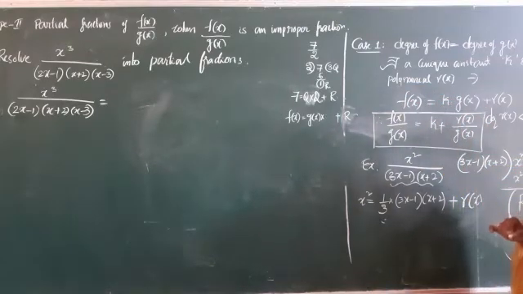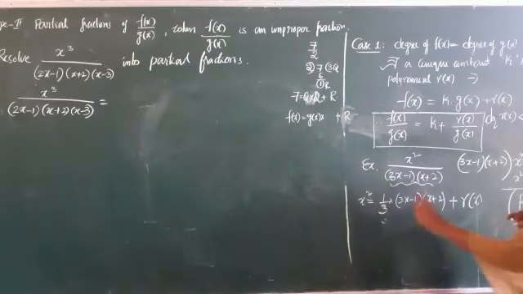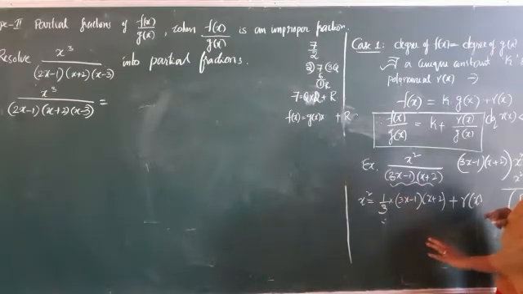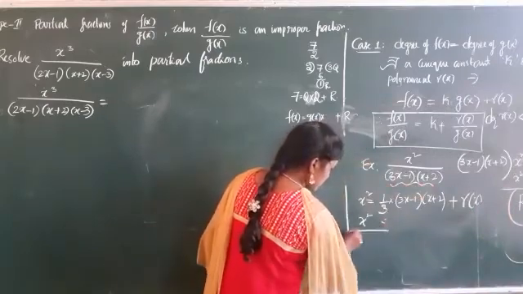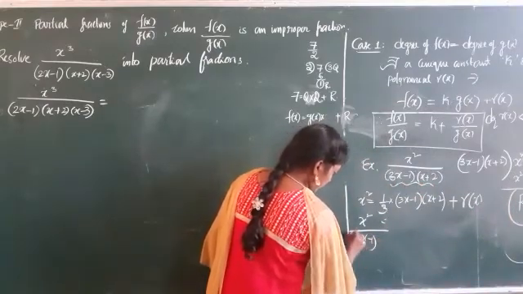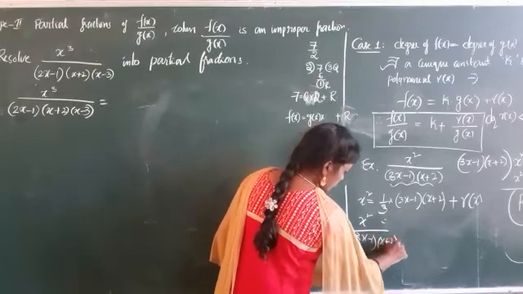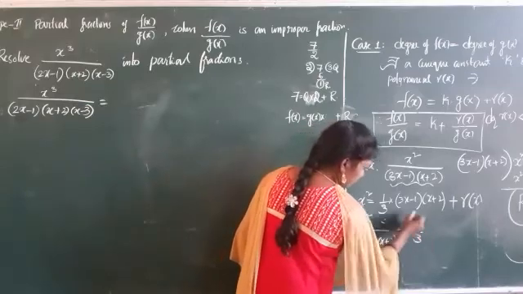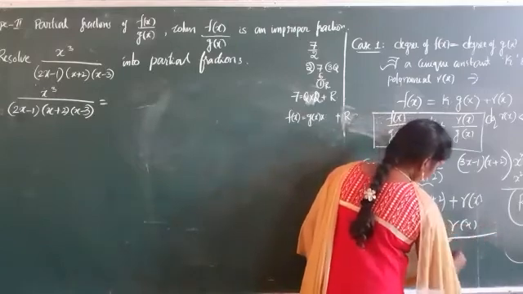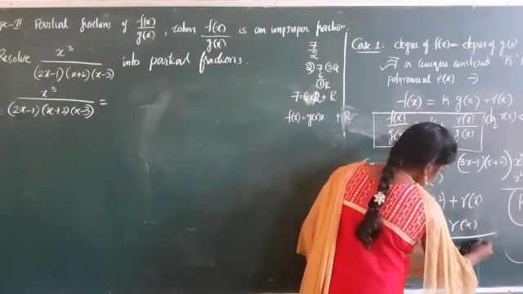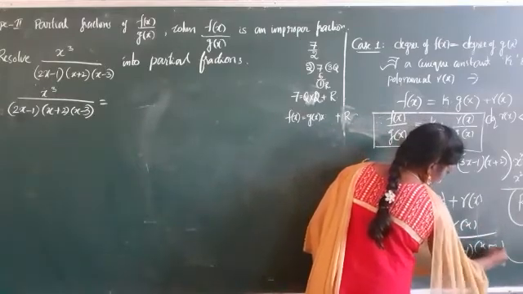Here the only thing you have to remember is the quotient. Hence you write x square by (3x minus 1) into (x plus 2) is equal to 1 by 3 plus r of x by (3x minus 1) into (x plus 2).